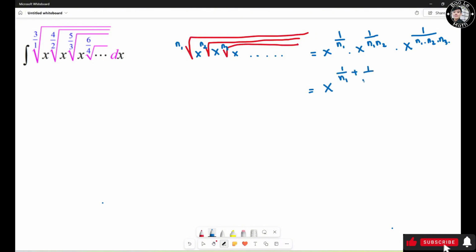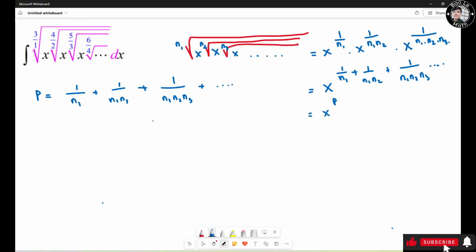So let p equal 1 over n1 plus 1 over n1 n2 plus 1 over n1 n2 n3 plus etc. So we need to calculate this, then we have s to the power p, right?